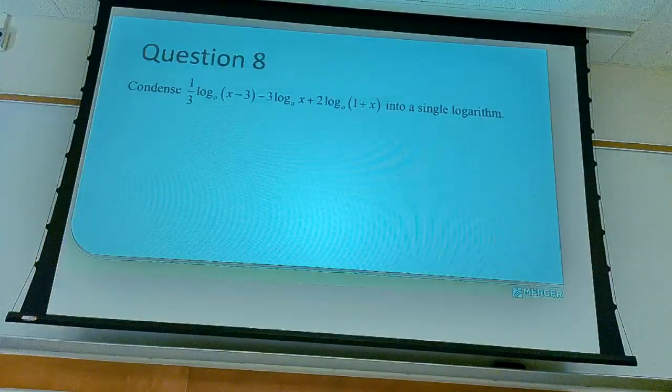So recognize you have coefficients. Deal with that first.